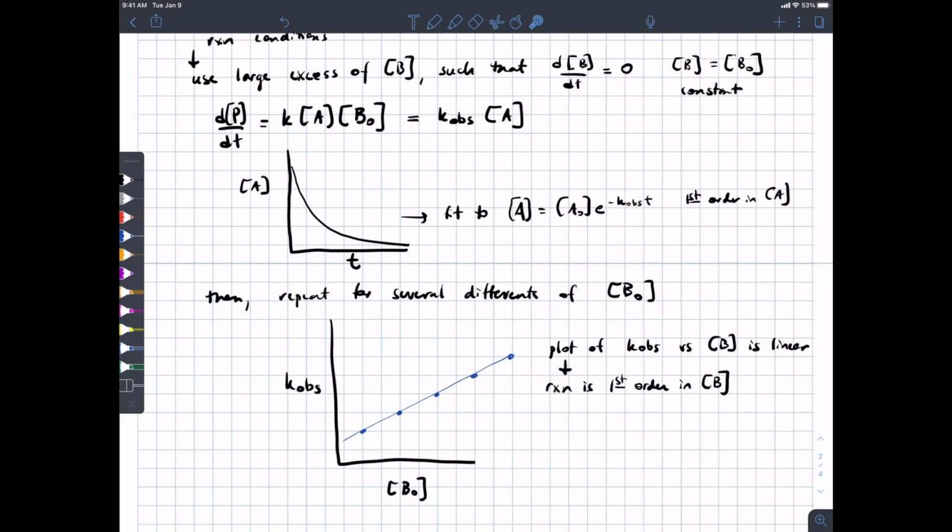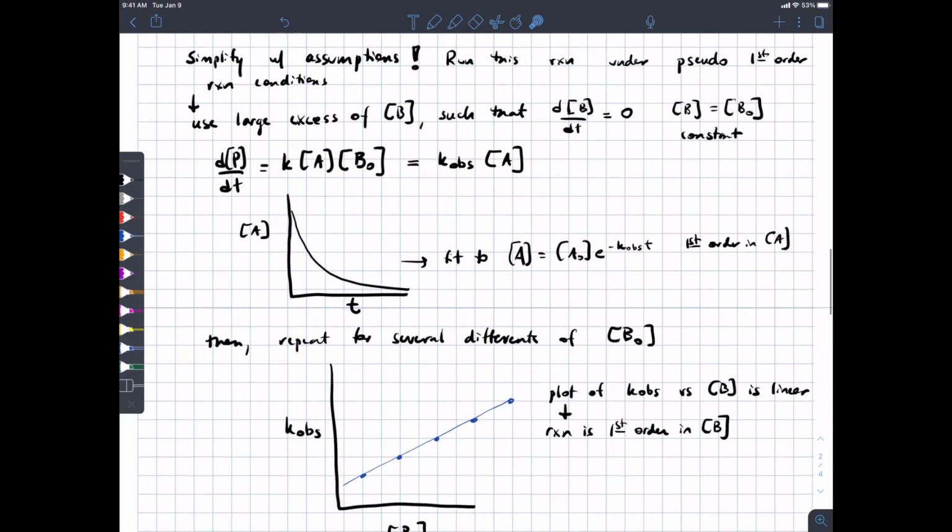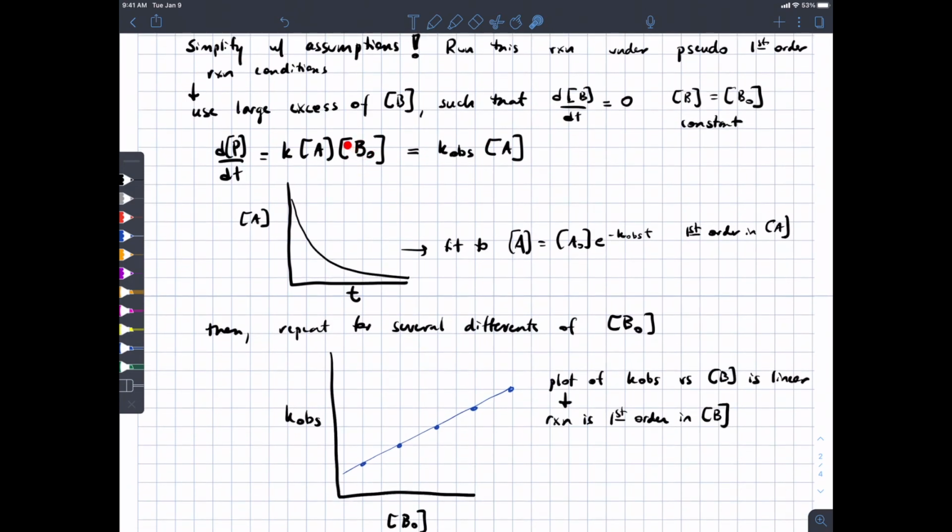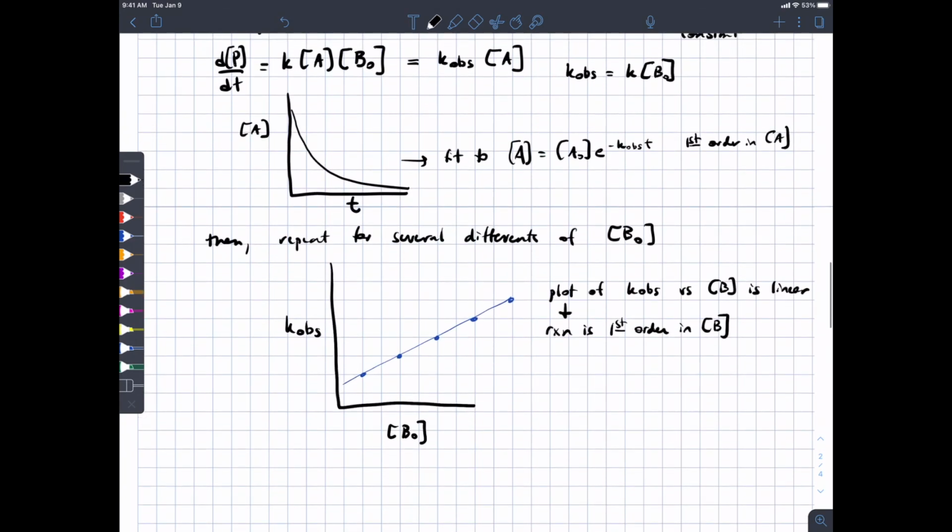Now we're measuring those observed rate constants as a function of B, and just as we said, if B doesn't change, the rate law simplifies to this, but k obs really equals the second order rate constant times the concentration of B. So if we plot k obs versus the concentration of B, the slope is equal to our second order rate constant k.